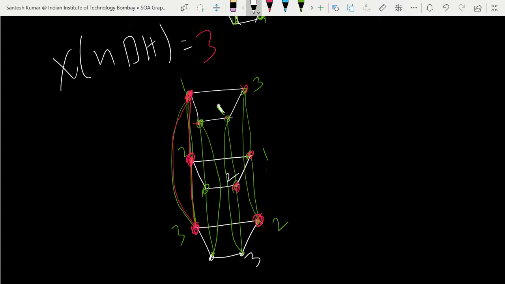So 1 2 3, here you want to take what, 3, 1 and 2, is it fine? See, anywhere do you see two adjacent vertices with the same color?